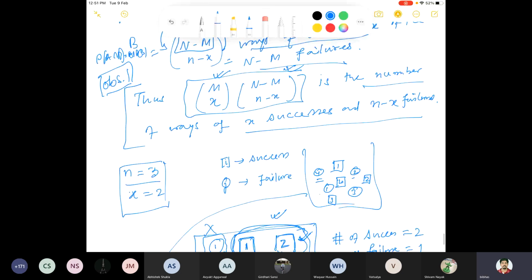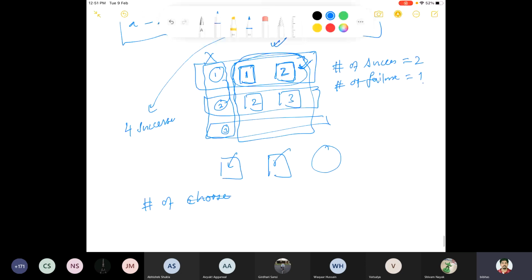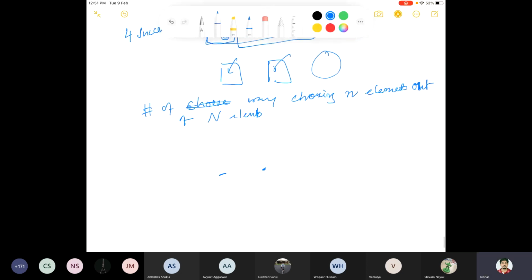So the number of ways of choosing n elements out of capital N elements is NCn. This capital N is the number of elements, small n is the number of elements you are choosing.